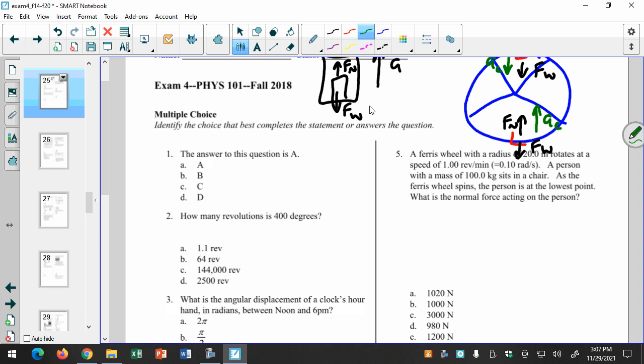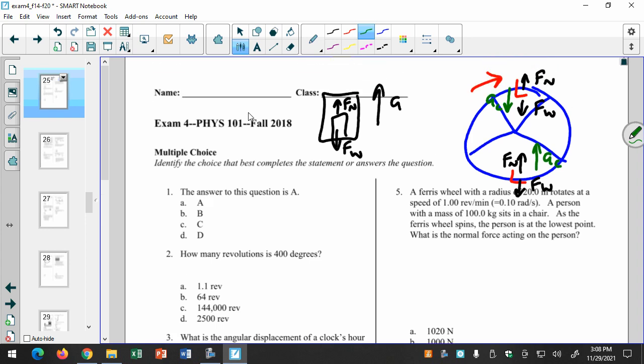The direction of your centripetal acceleration will impact whether your normal force is bigger or smaller than the weight. Where is it going to be bigger than the weight? At the top or bottom?